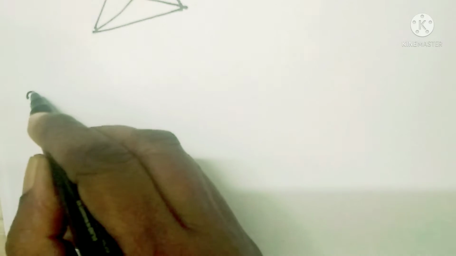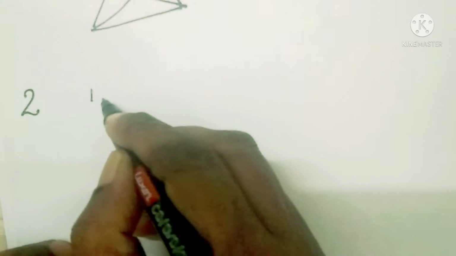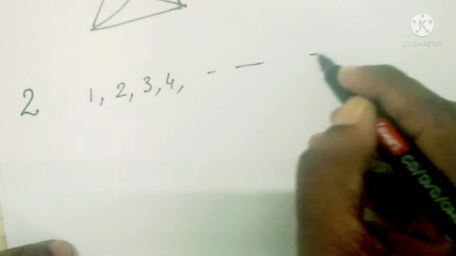Now question number 2. Is it possible to have a polyhedron with any given number of faces? When they say any given number of faces, it may be 1, 2, 3, 4 up to infinity.